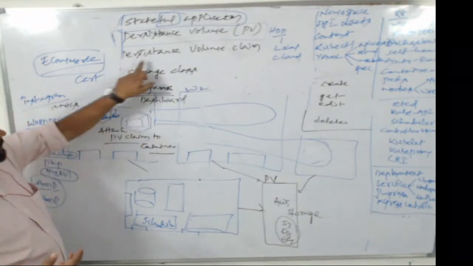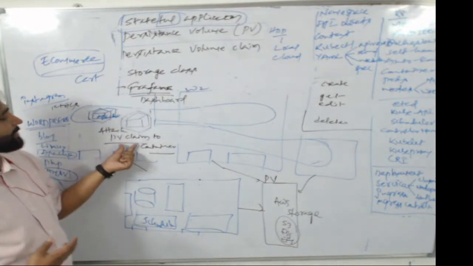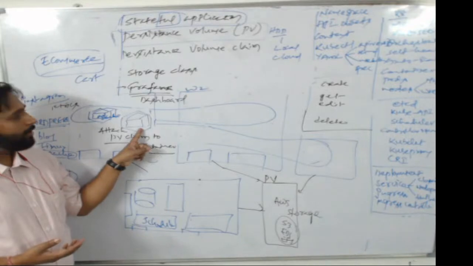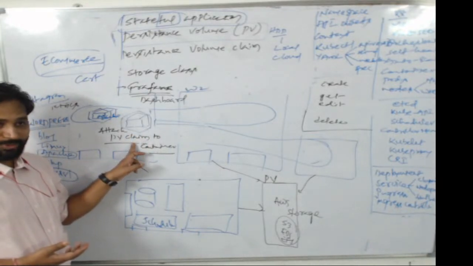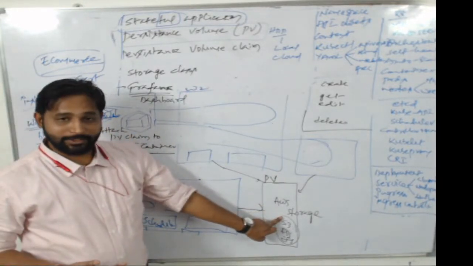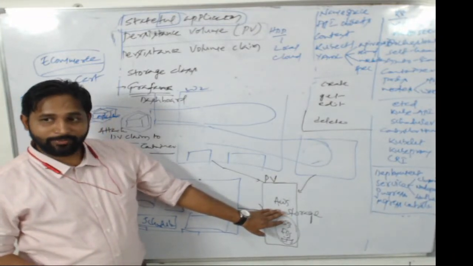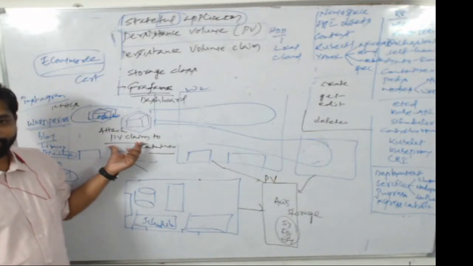So a persistence volume claim is a right or a property given to a pod that it can use to get the persistence volume. So if you want a volume, you should have a claim.